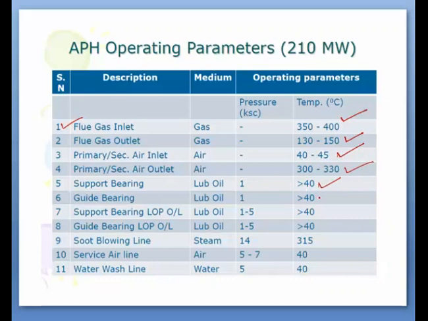Guide bearing, 40 degrees centigrade. In support bearing lube oil pump outlet, the pressure will range between 1 to 5 KSC, that is kilogram force per square centimeter. Similarly, other parameters you can see here.